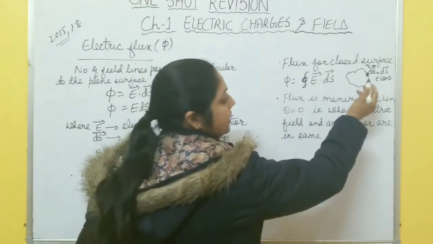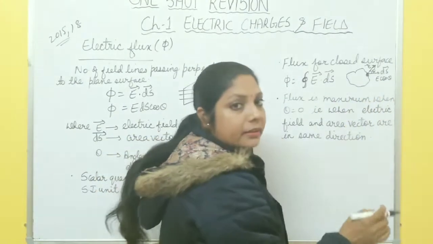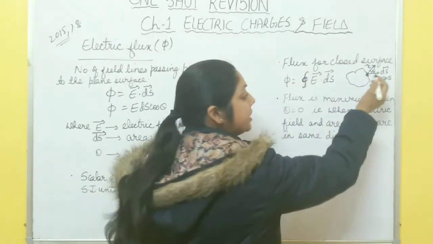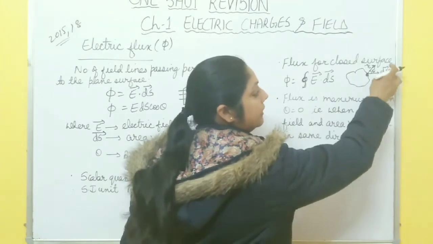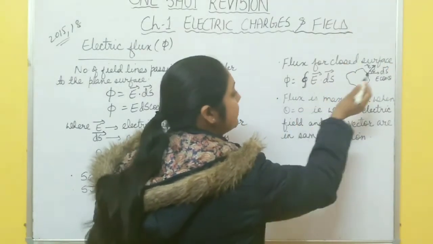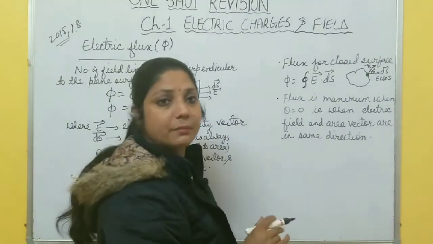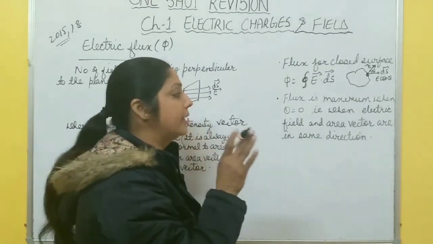E ds cos theta, where theta is the angle between E and ds. If there is an angle, then we always take the component of the electric field which is in the direction of the area vector. It means E cos theta, and this one is ds. So the formula becomes E ds cos theta. Flux is maximum when both the area vector and electric field vector are in the same direction.